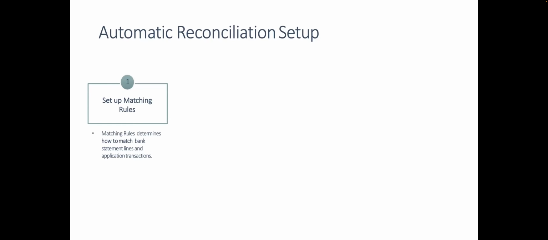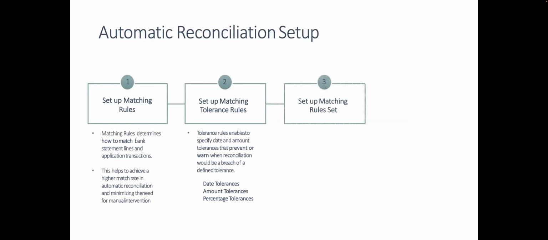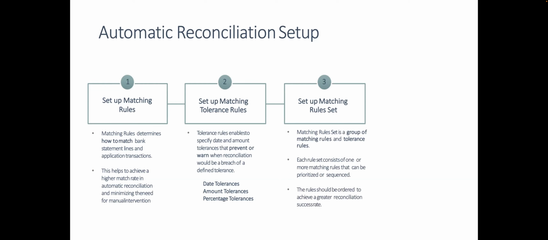So for the auto reconciliation setup, the first thing to do is to set up the matching rules. This determines how to match bank statement lines and the application transactions. We've seen that. Next thing is to set up the tolerance. We've seen the tolerance as well. And then to set up the matching rule sets. Once you set up the matching rule set, you can then attach this to the bank.